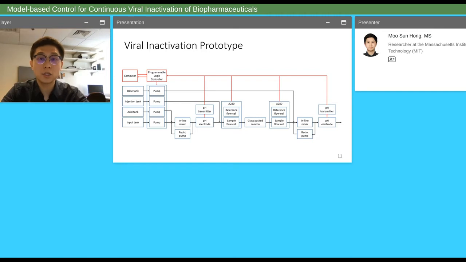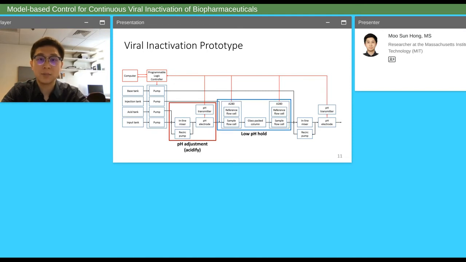To look into the constructed system in more detail, the figure in this slide shows the process flow diagram of the lab-scale continuous viral activation system. First, to bring the fluid to a low pH state, a multi-channel peristaltic pump was used to pump input solution and acid to a mixing unit and inline pH electrode.